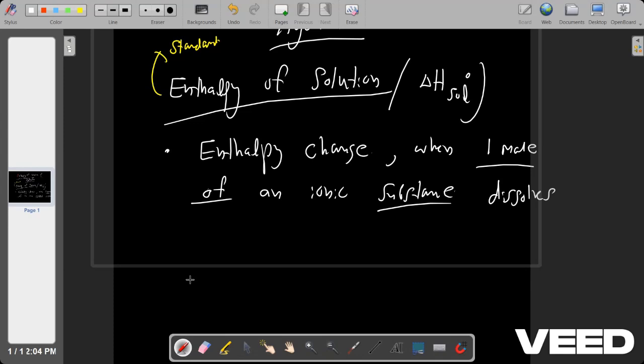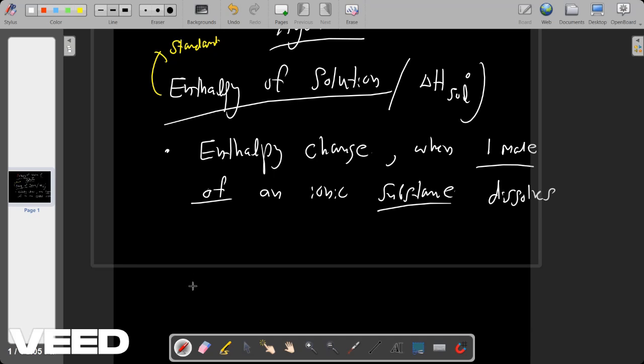No. Must add sufficient water. Excess water is also good, right? Sufficient water or excess water, but I would say sufficient water is more clear. Until it gets dissolved when we add it. Sufficient means that. But if you just add a pinch of water, a drop of water, it won't happen like that.